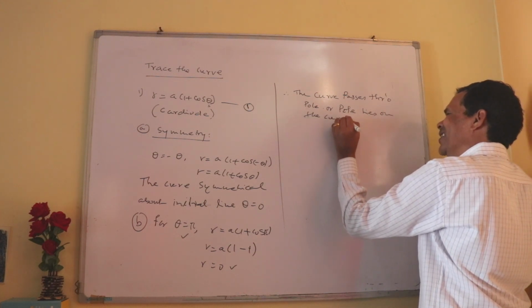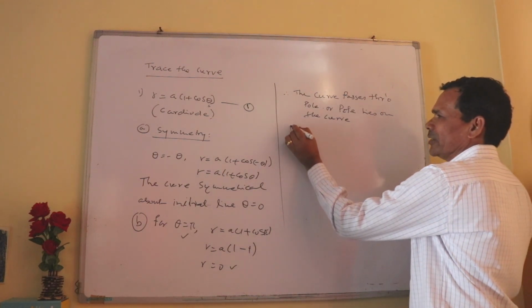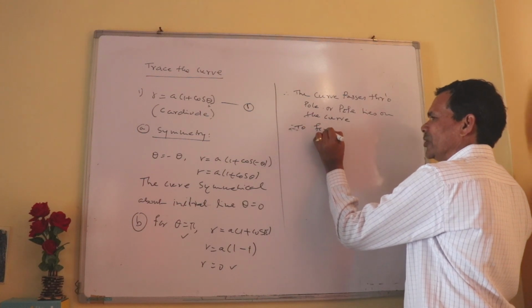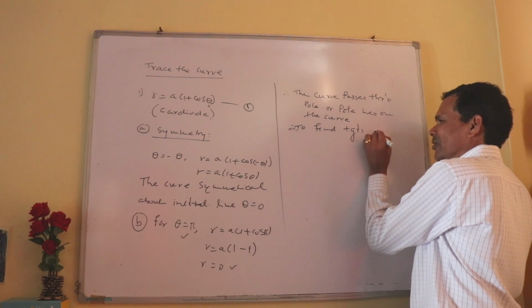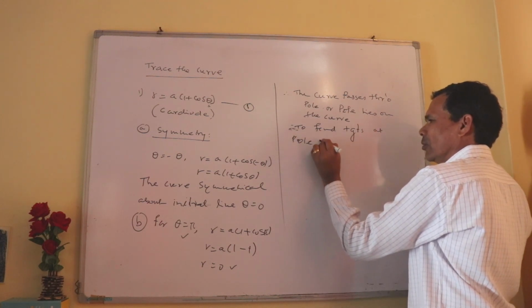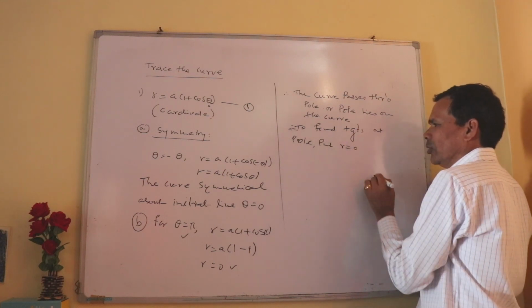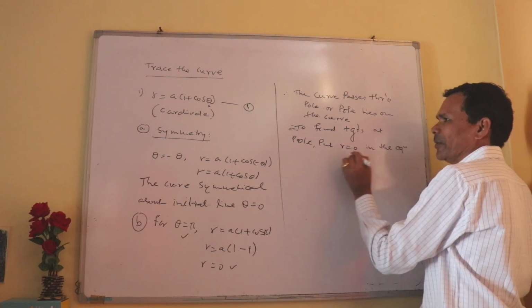Now to find the tangent or tangents at the pole, as usual, we put r is equal to 0 in the equation of the curve.